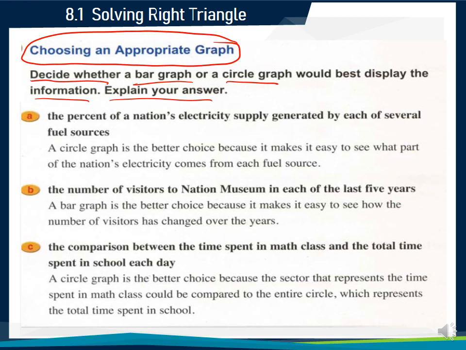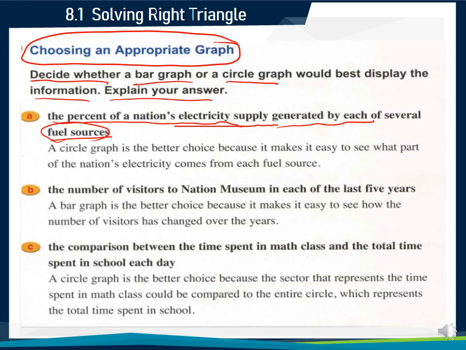The first one, the percent of the nation's electricity supply generated by each of the several fuel resources. In here, the percent of the nation's electricity is related to the electricity supply generated by each of several fuels. We have different kinds of fuel. We can show it by what? By circle graph, because this is not related to the time. This is not over time.